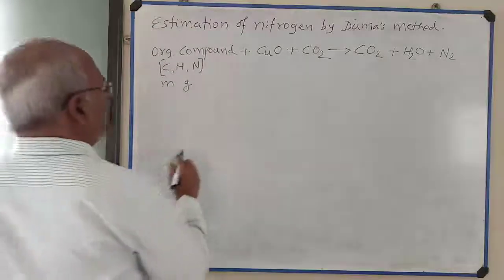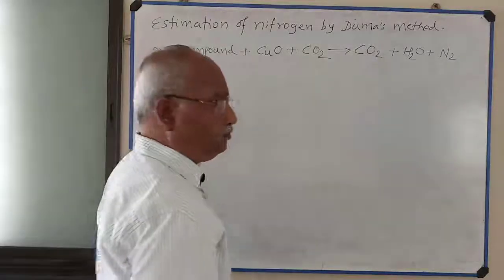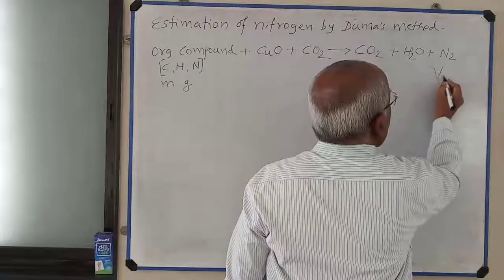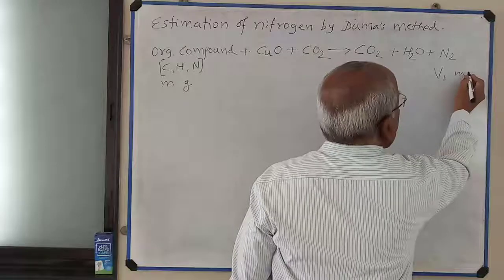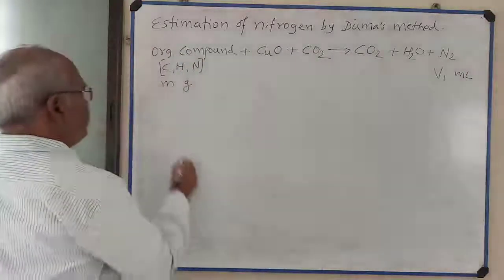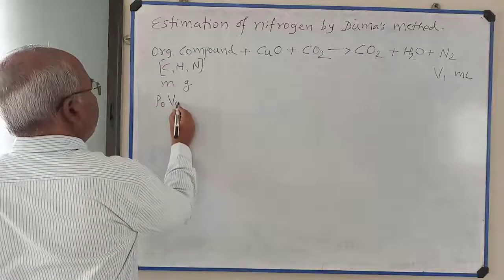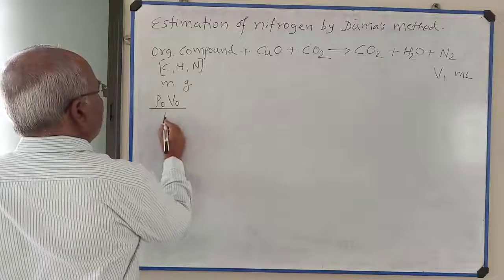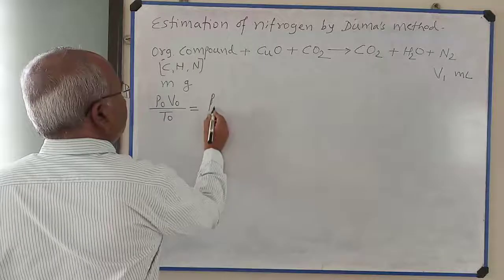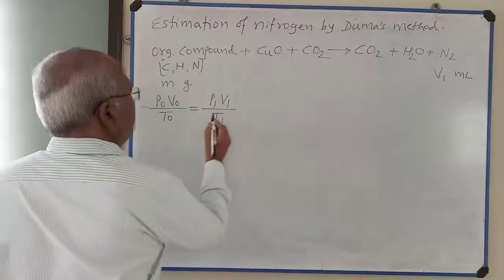Mass of organic compound is m, volume of nitrogen, suppose P1 ml. I write the relation P0 upon T0 is equal to P1 upon T1.